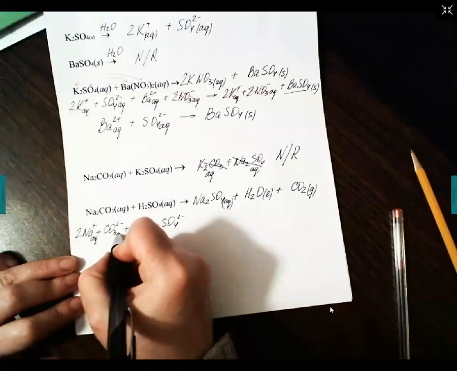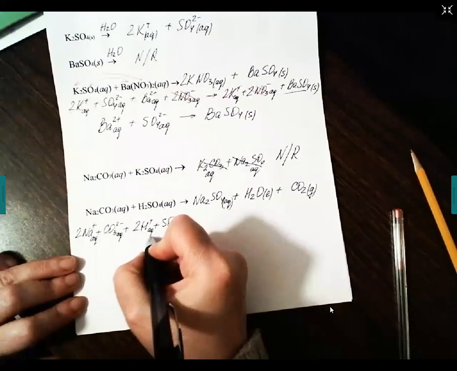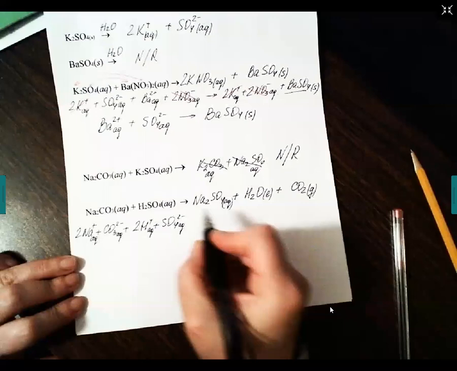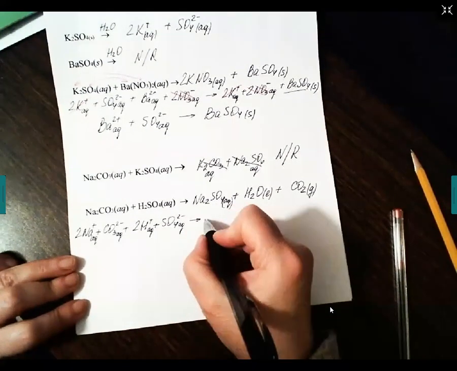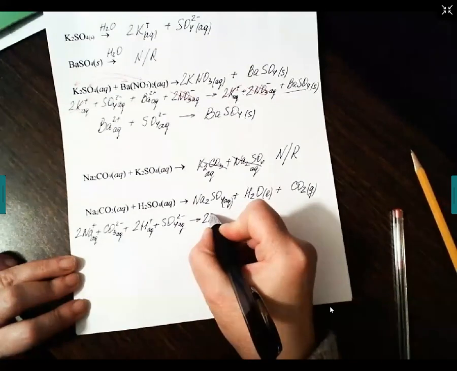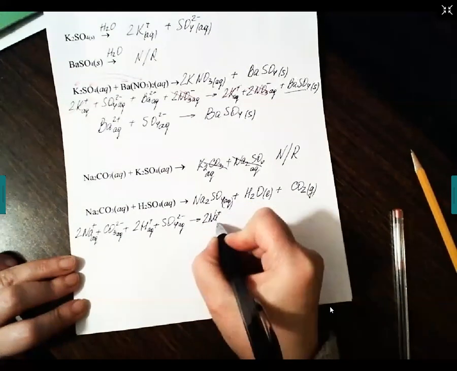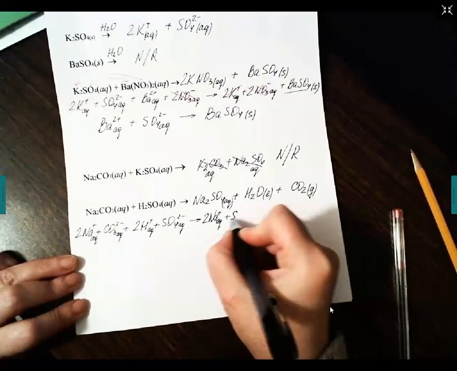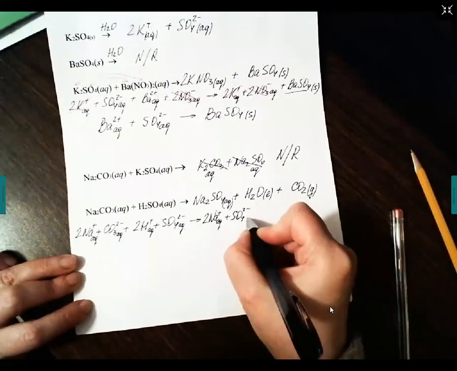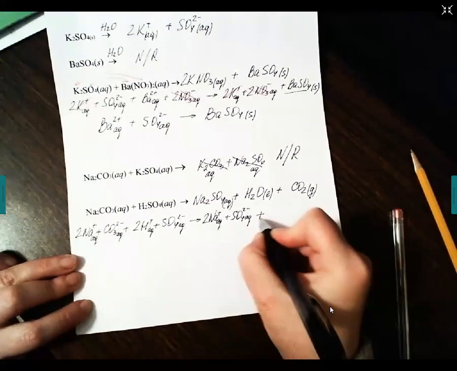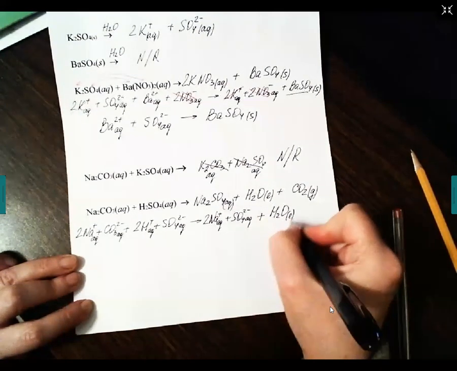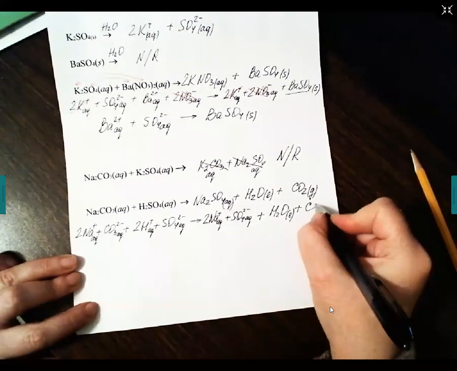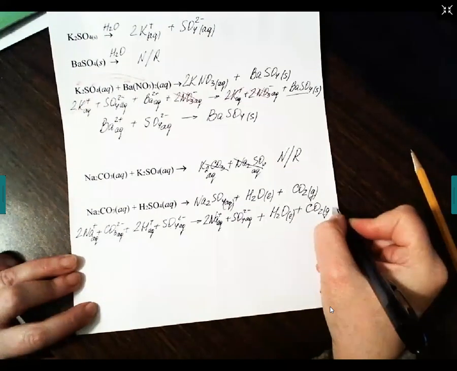And they are all aqueous. Now, sodium sulfate is soluble, so it's going to be 2Na plus, SO4 2 minus. And we don't break liquid water and we don't break gas, carbon dioxide.